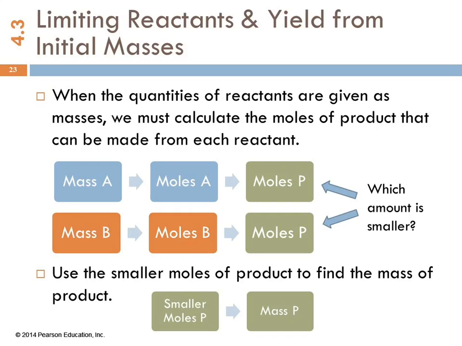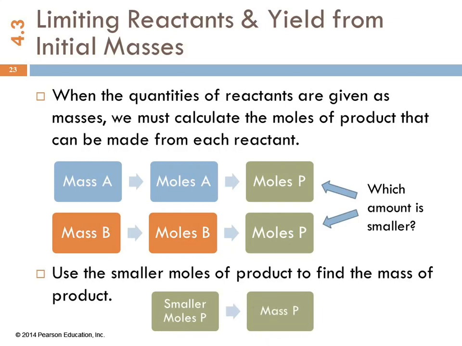So this is the way your book presents it, and if you want to do it that way, that's fine. I'm not a big fan of it, but it works. Usually, though, we're dealing with masses, right? And we have a mass of the reactants we're starting with. We want to find out what the mass of the product is. So your book is saying to find moles of product and identify which one is smaller, and then take that one and calculate the mass of the product.